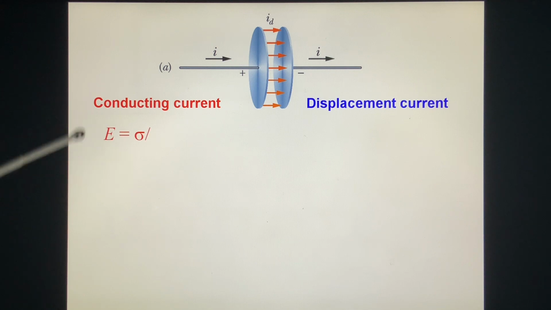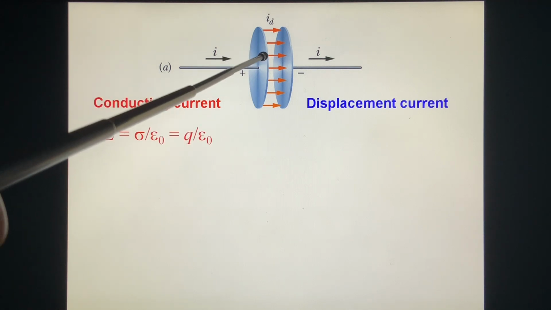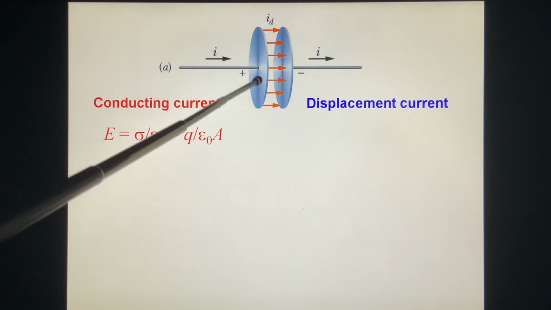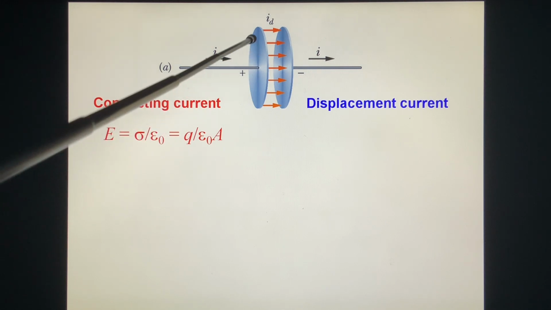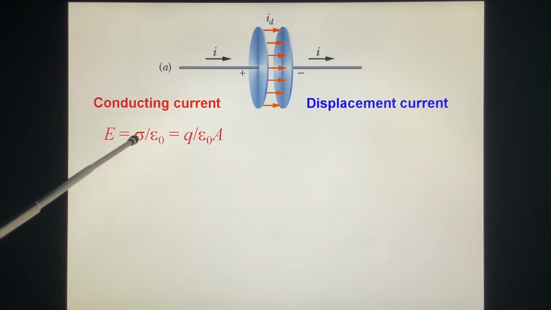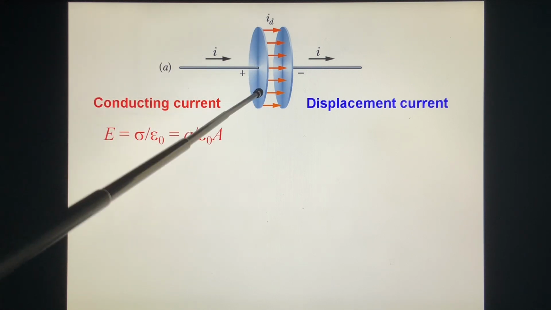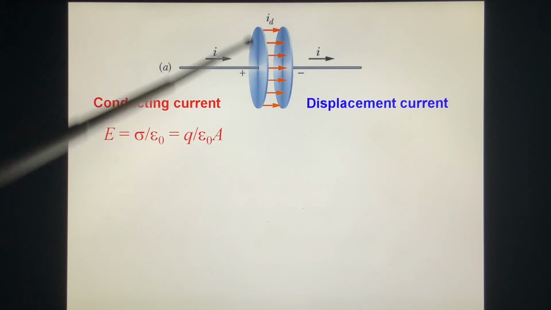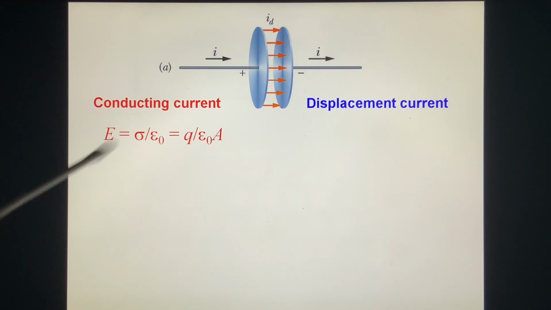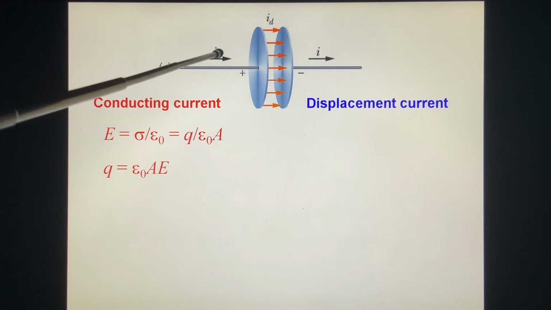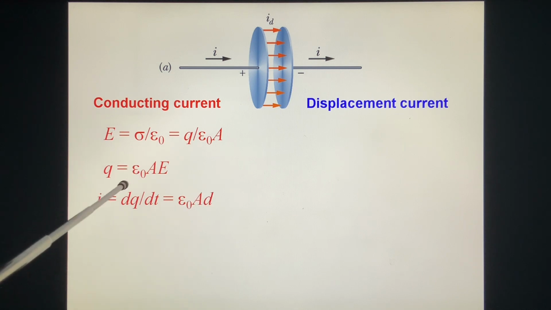Now E is related to sigma, the charge per unit area. So sigma is Q over A. Q is the charge on this plate, A is the area of this circular plate. And so Q equals epsilon 0 A E. And I is dQ dt, so equal to epsilon 0 A dE dt.